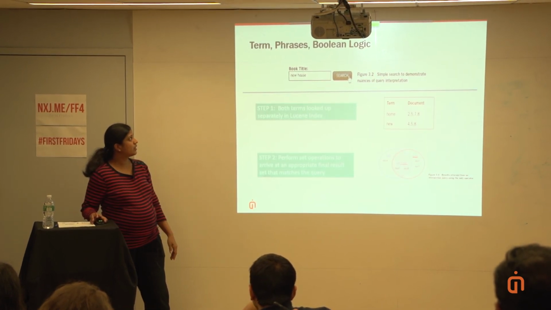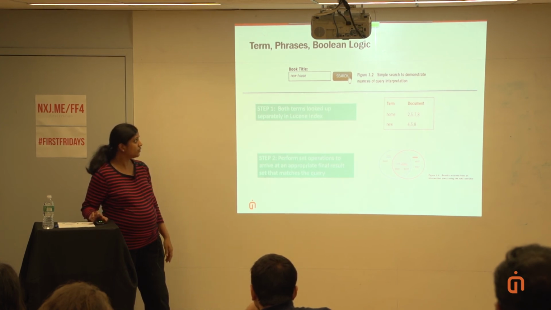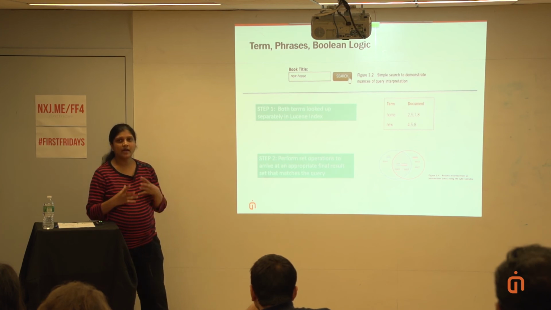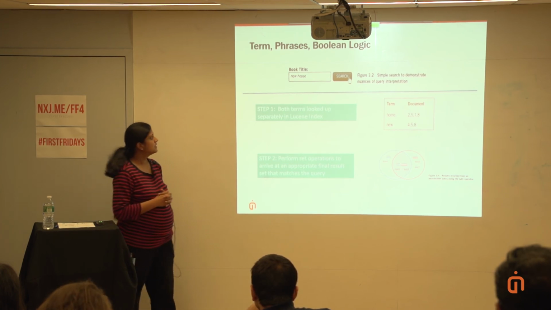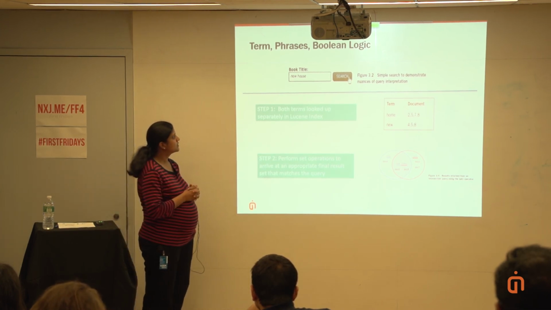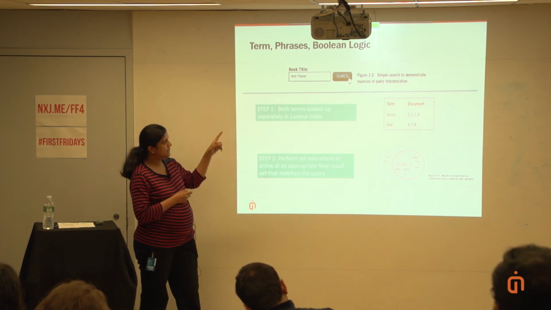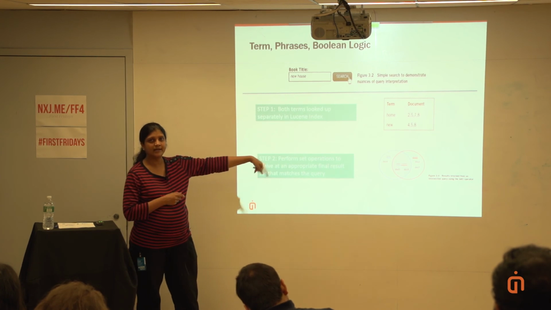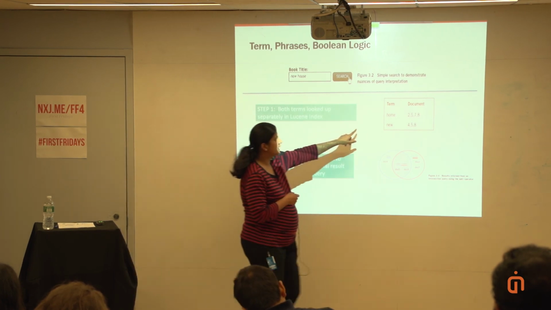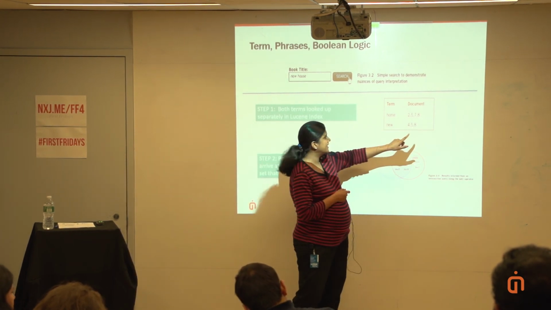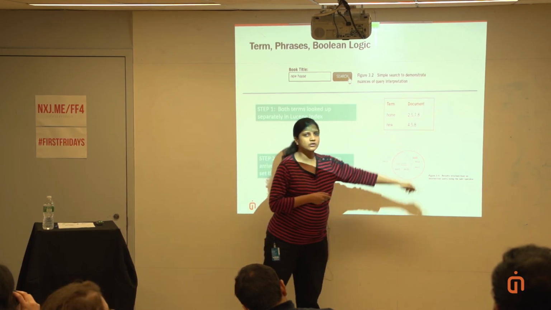Now an example: let's say somebody is looking for a book title with new house. I want to show how it's actually going to work. Step 1 is it's going to take both the terms, new and house, and look separately into the Lucene index. So first it will take home and find out all the documents in which home is occurring, and then new, and find out all the documents.